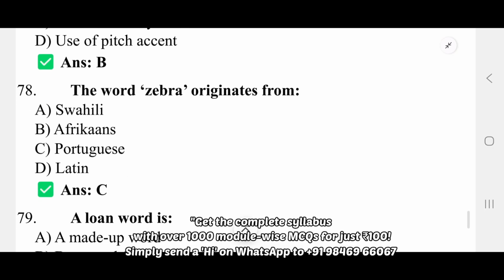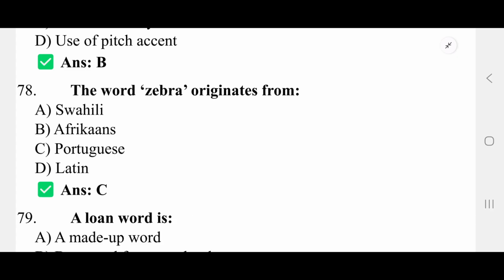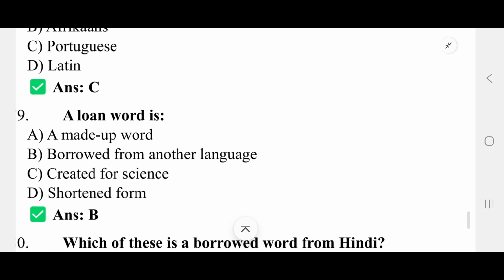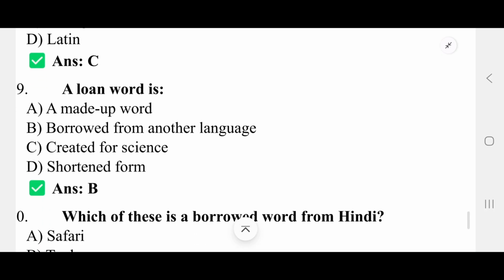The word zebra originates from Swahili, Afrikaans, Portuguese, Latin. The word zebra is actually originated from Portuguese. A loan word is a made up word, borrowed from another language, created for science, shortened form.